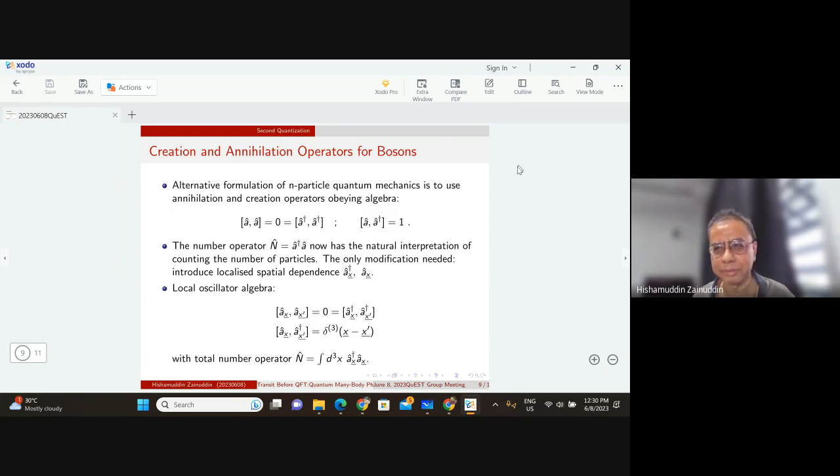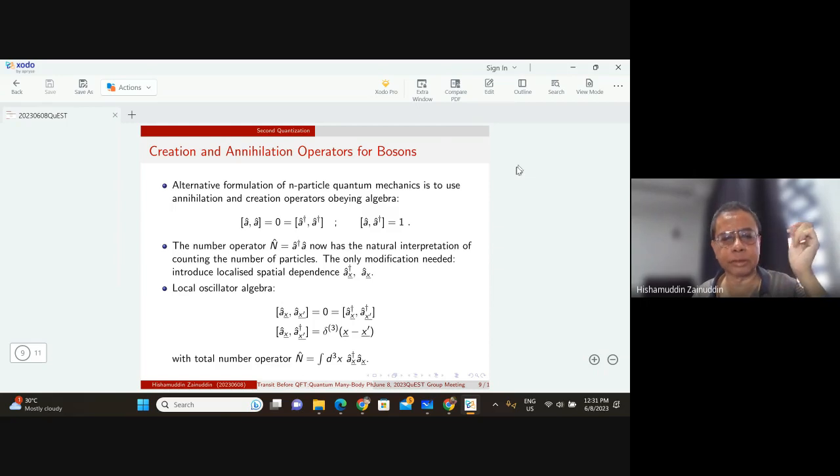Position is less natural. A better way is to look at the number of particles.